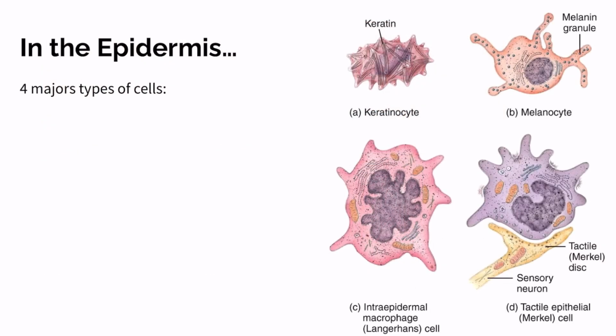So the major goal of this video is to talk more about the 4 types of cells that we find in the epidermis. So again, this is just the epithelial layer, the stratified squamous epithelial layer. And so we're going to talk about each of these 4 major types and why they are important, what their job is.